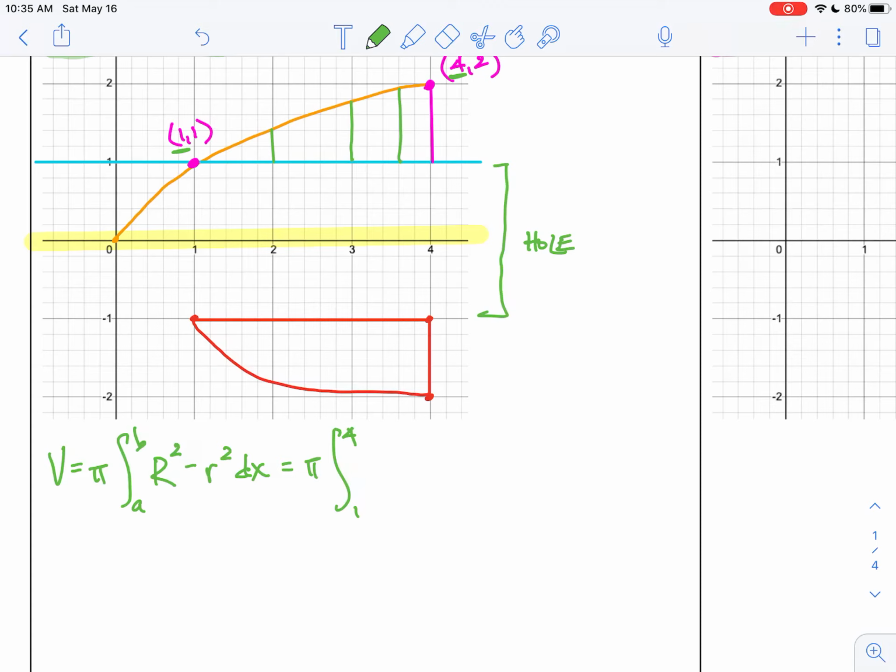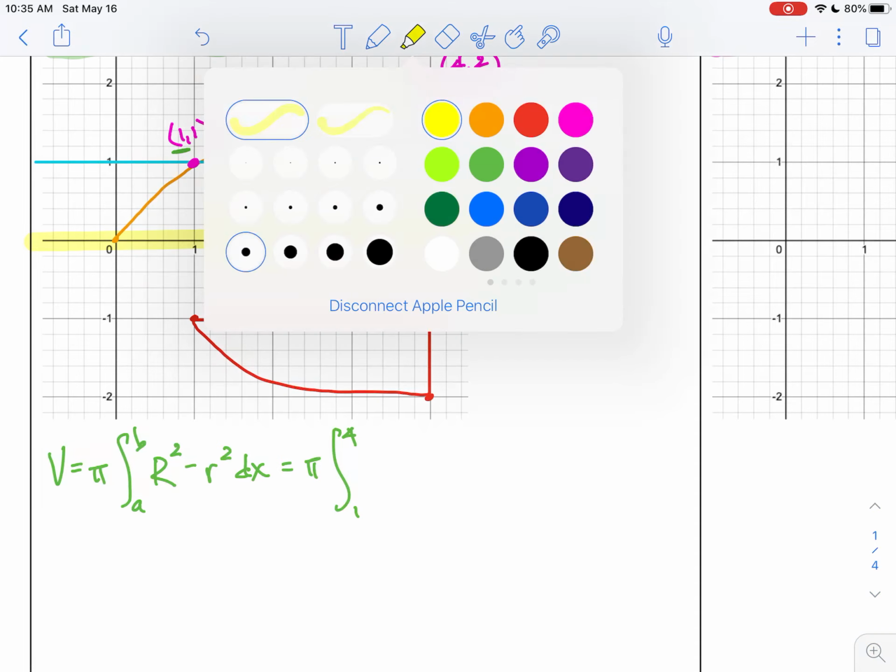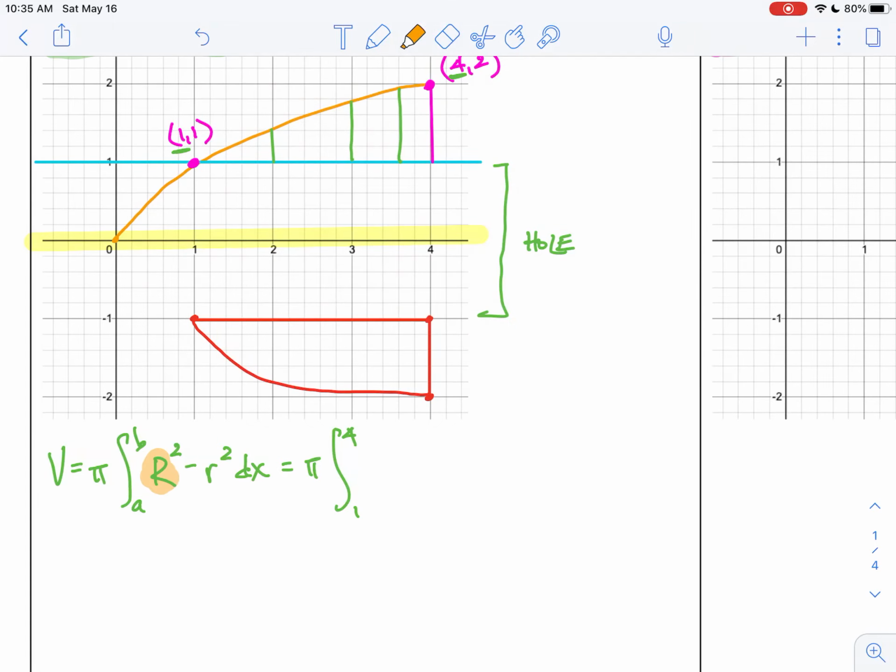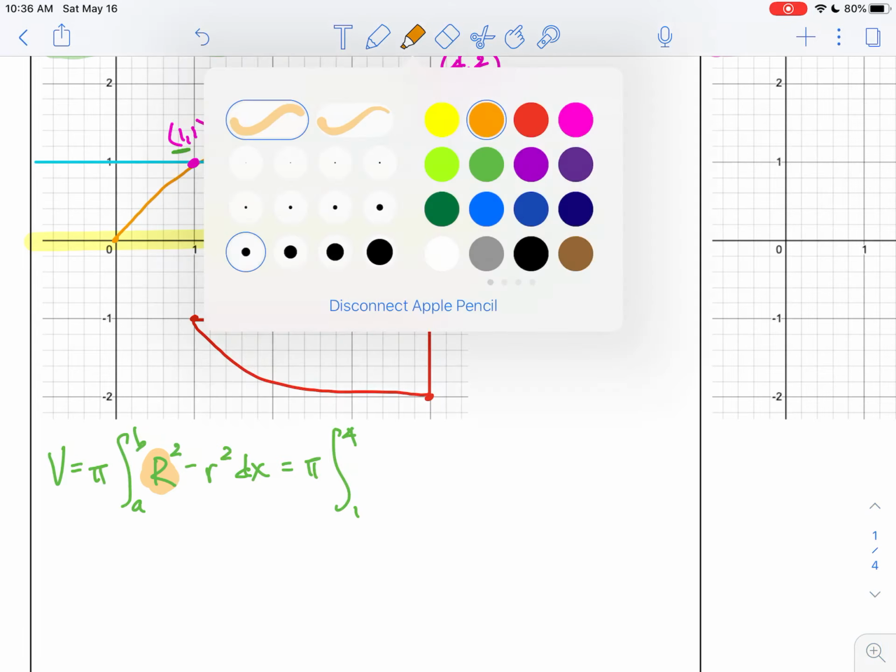Now, I think it's hard sometimes for us to figure out what the big R is, but the big R is the one that is further away from the axis of revolution. And so I can see from my graph that the orange line is further away from the axis of revolution. So my big R is going to be the orange curve. Now, similarly, I can see that that light blue line is closer to the axis of revolution.